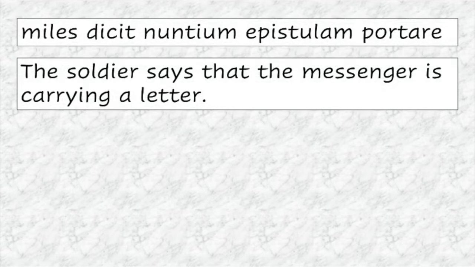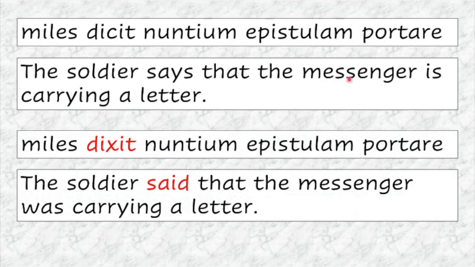Let's now focus on the tense of those indirect statements. So in this case, I have the verb dicit, and dicit is present tense, says, and the verb of my indirect statement, portare, is a present infinitive as well. And in this other case, miles dixit nuntium epistulam portare, the verb dixit is perfect tense, so I translate it as said.